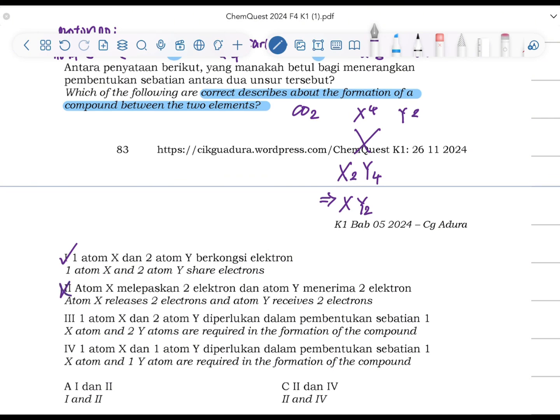They are not an ionic compound. This statement tells us they are an ionic compound, but unfortunately it is not. It is a covalent compound, because release means donate, receive means accept. So this accept and donate is for ionic compound.